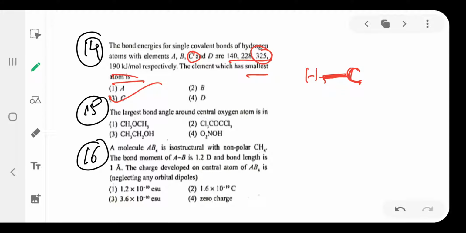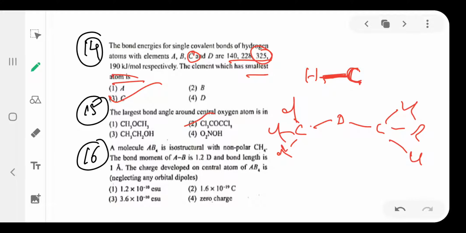Largest bond angle means option 2. Option 2 is correct. Why? Here, CCl3 O CCl3.